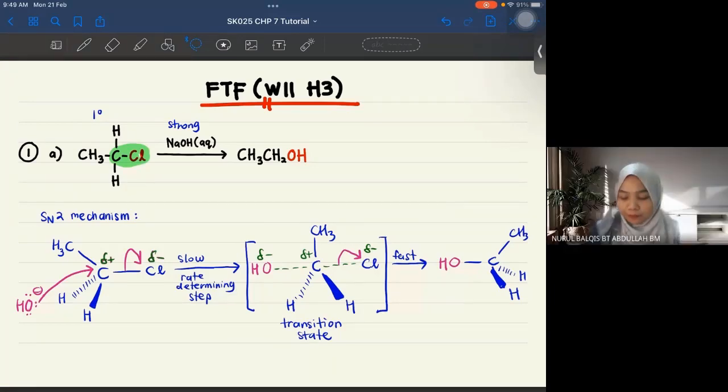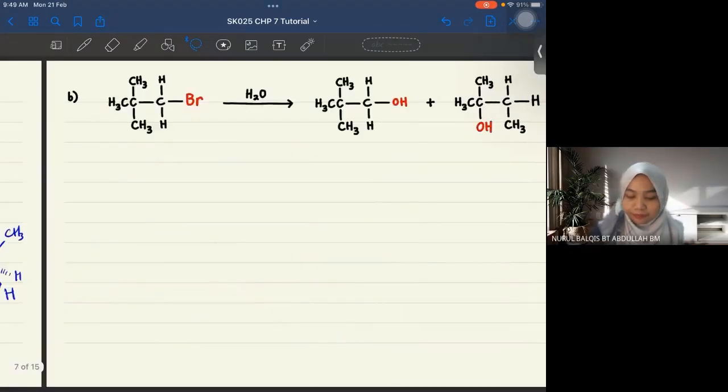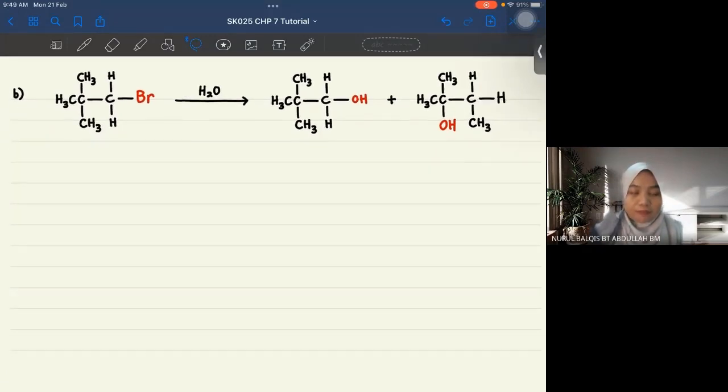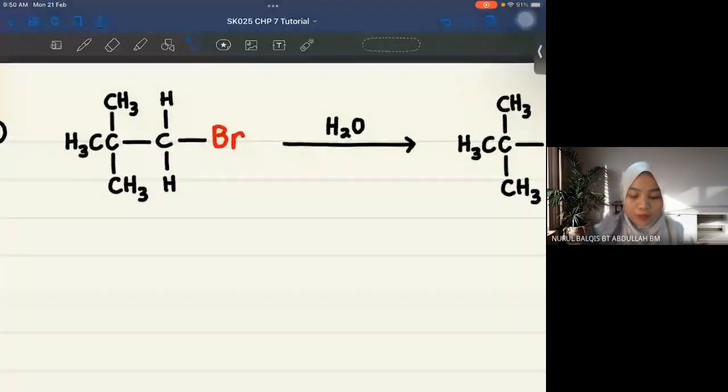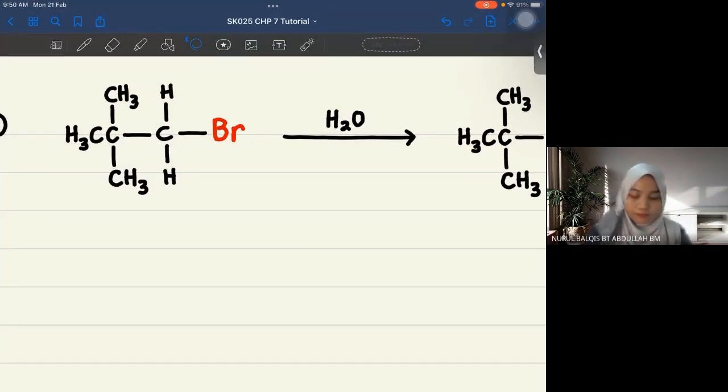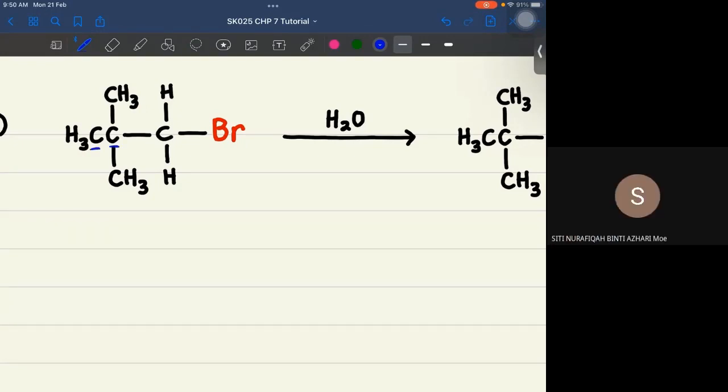Walaupun betul. Okay, right. Next, we are given this compound. Could you please tell me the name of this compound? What is the name of this compound to start with? You have it. Longest carbon berapa?